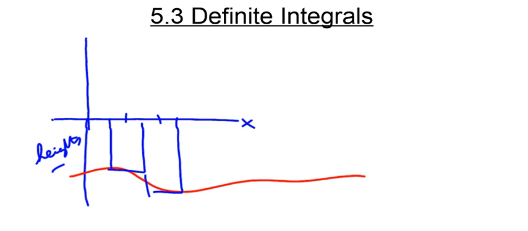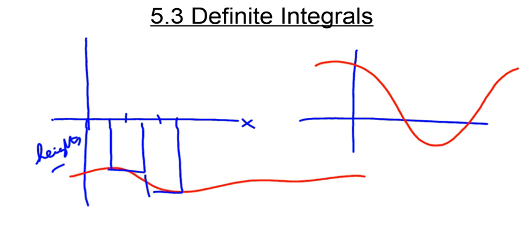So then what if we have a function that is a combination of both, something that looks like this. I'm talking about the different areas: the positive area above the x-axis, and the negative area that is the part below the x-axis.